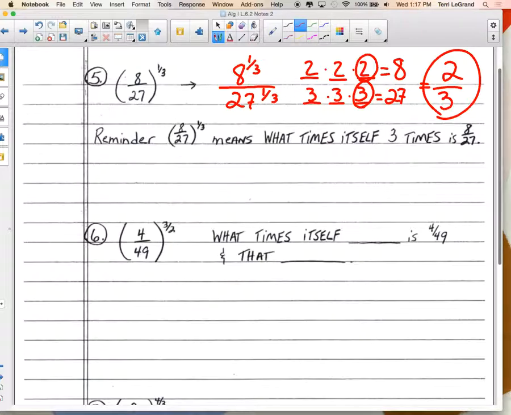Okay. So we are really looking for what number times itself 3 times gives us 8/27ths. So write that out for me, please. That's what we're really looking for. So maybe, if you're as smart as Connor says, he says, I got it, so maybe you did too, I don't know. Then you would show this instead.